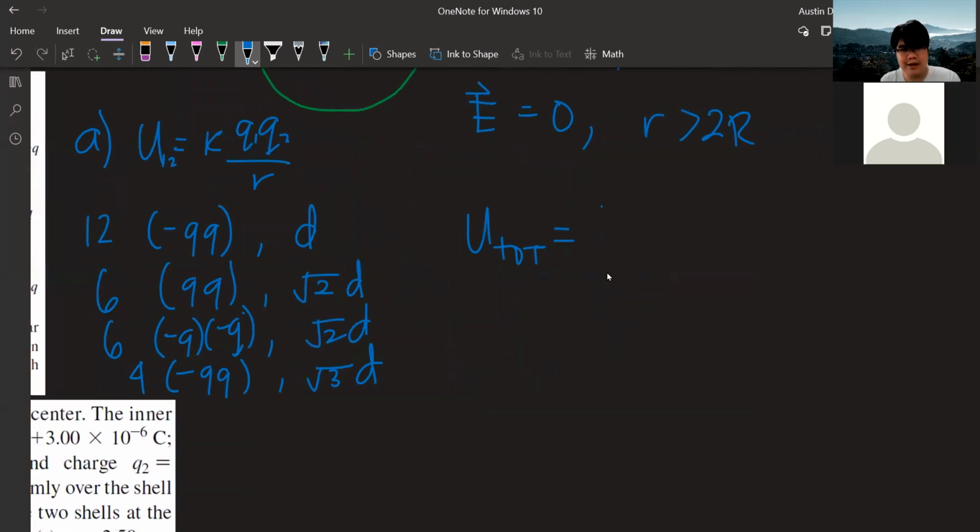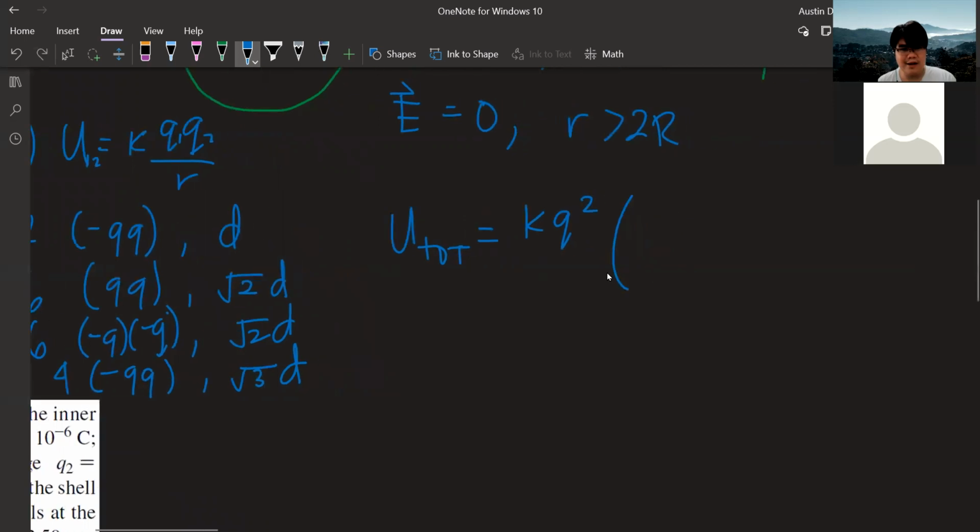So I have Q squared over d. And then, huwag na muna natin lagay si d, para maging intuitive siya. From here, lalagay ko na yung mga counting ko.